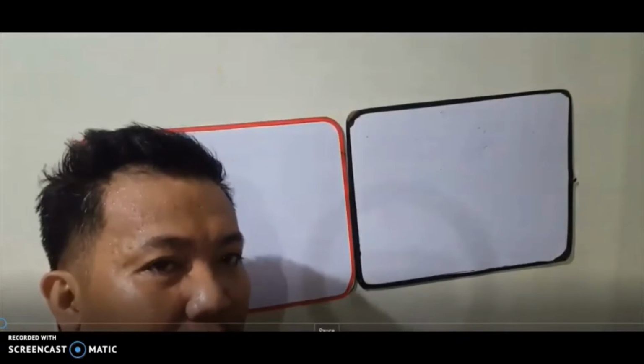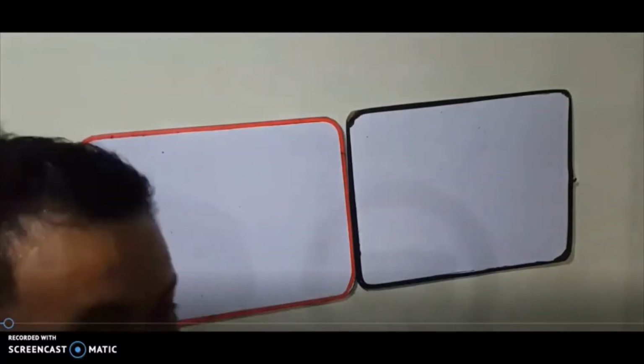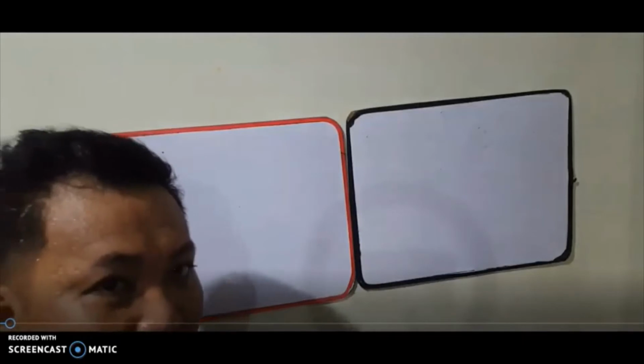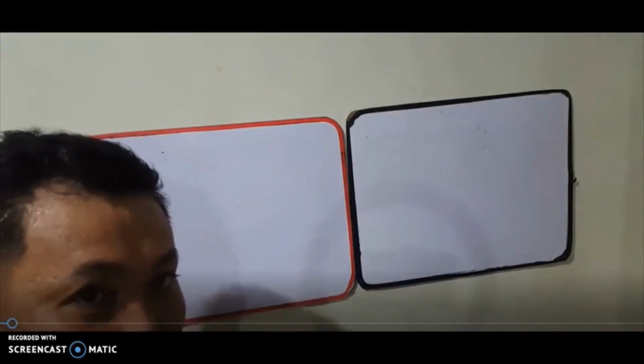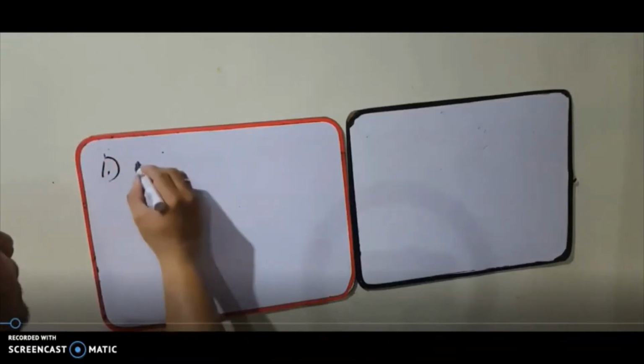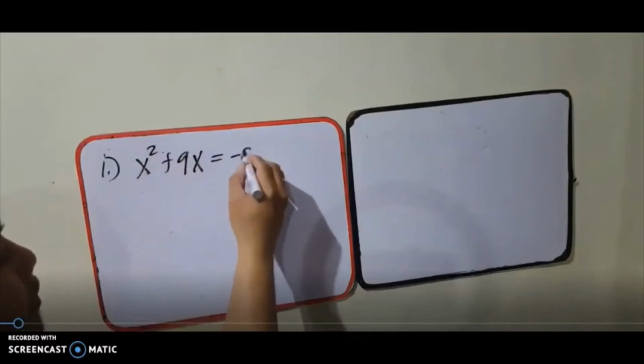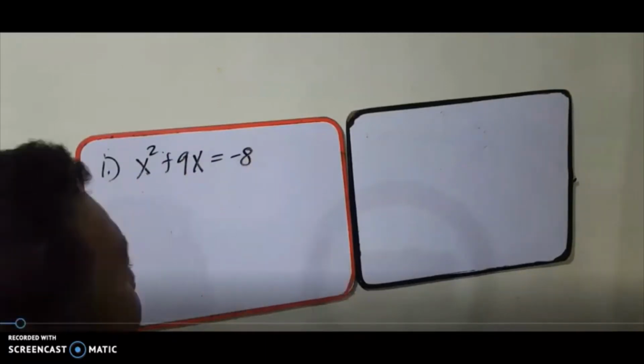Okay, so today we are going to solve quadratic equation by using the method which is what we call factoring. So let's give examples of a quadratic equation, then let's solve it using factoring as a method. So let's have example number 1. That is x squared plus 9x is equal to negative 8.